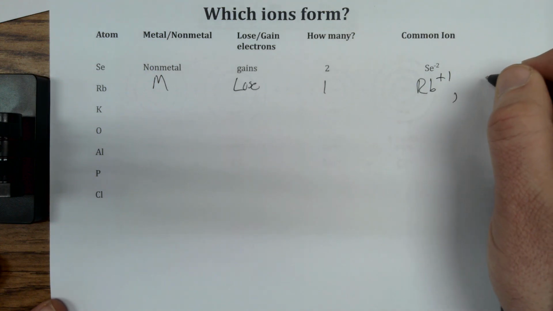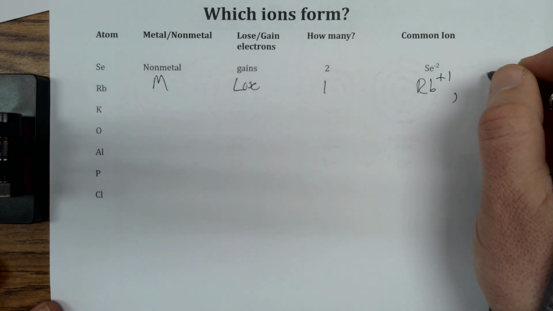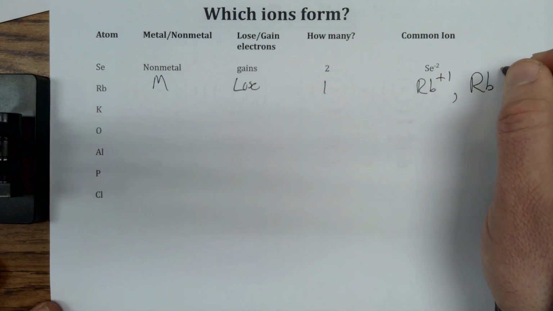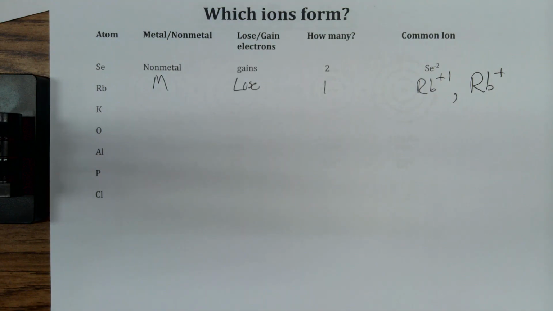Sometimes I will omit this, guys. This is just how I was taught to do this. Rb plus. So when there's just 1, sometimes you'll see me write it either plus 1 or plus. They mean the same. I'm trying to have the plus 1 to help you guys see it better.